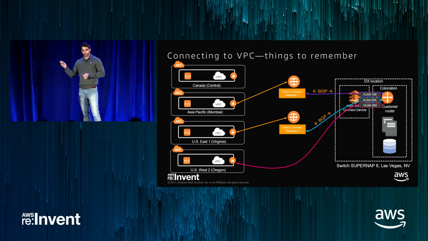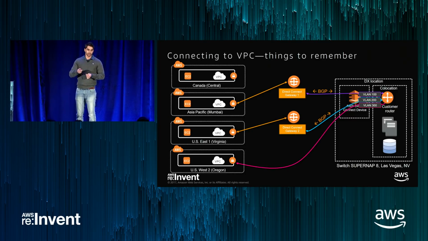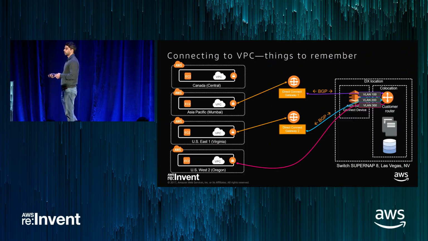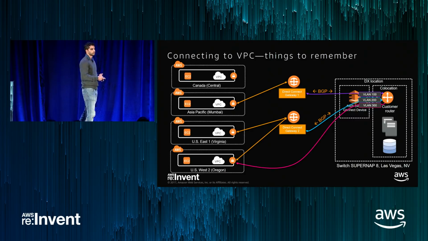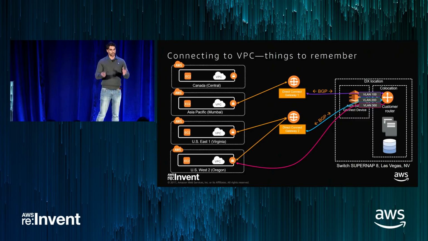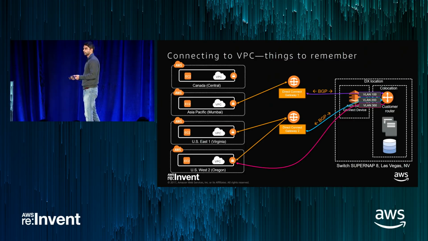Now, in this slide here, the US West Oregon VPC is directly connected to your routers through the private virtual interface using the VGW-based model. So if you have that connectivity today, you cannot attach your VPC directly to the Direct Connect gateway. So you can leverage either the VGW-based model or the Direct Connect gateway model, but not both at the same time.